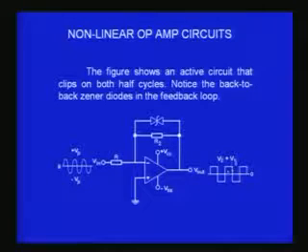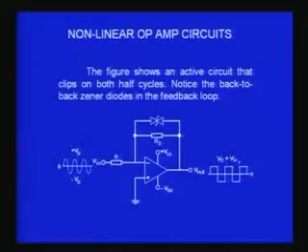When one Zener diode is at its breakdown voltage, the other Zener diode will be forward biased. Therefore you will get about 0.7 volts in addition to VZ. That is what is shown here as VZ plus VK, where VK is again 0.7 volts, the cut-in voltage of a diode.